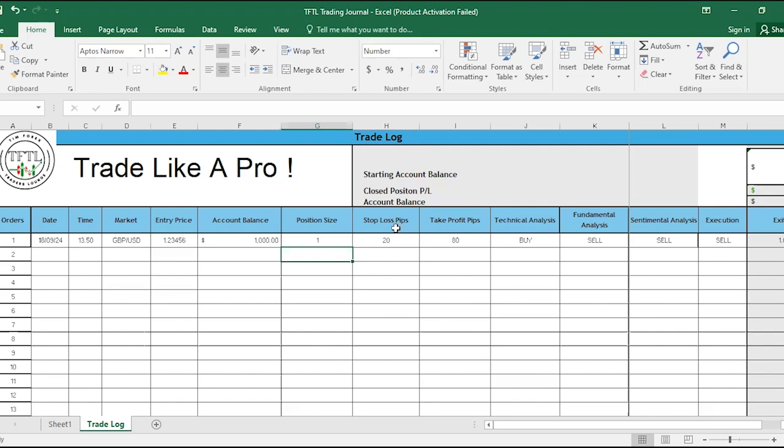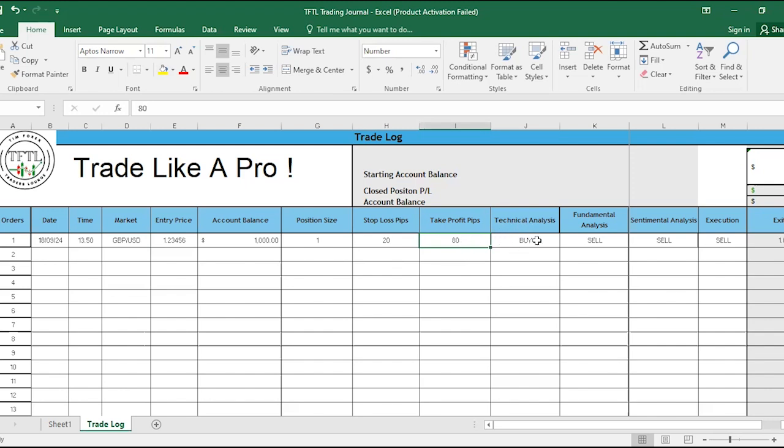You can have a 20 pip stop loss and a take profit of maybe 80 pips. So the stop loss and the take profit will give you the risk to reward ratio. Here the risk to reward ratio is 1:4. So you are risking $1 to make $4, which is actually a good thing.